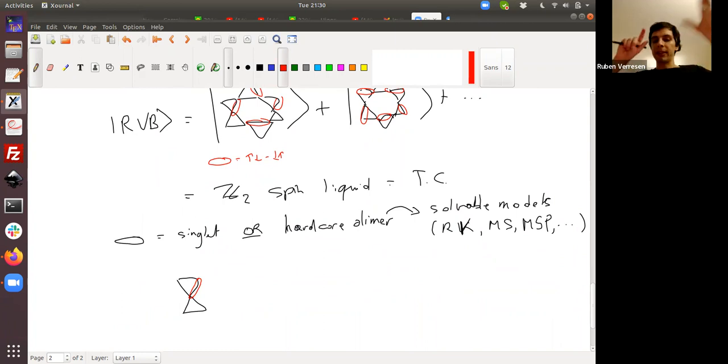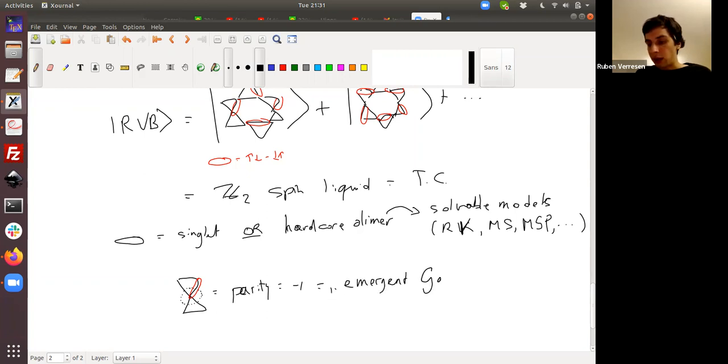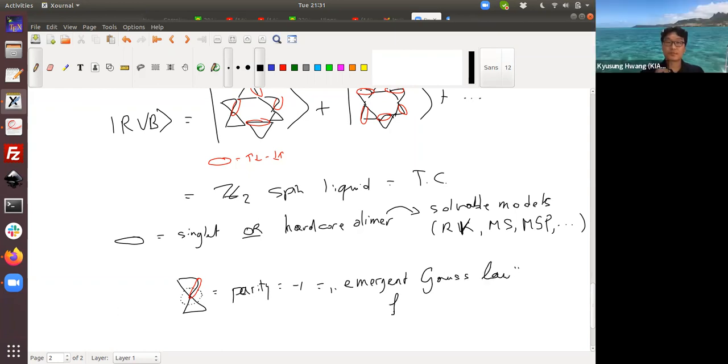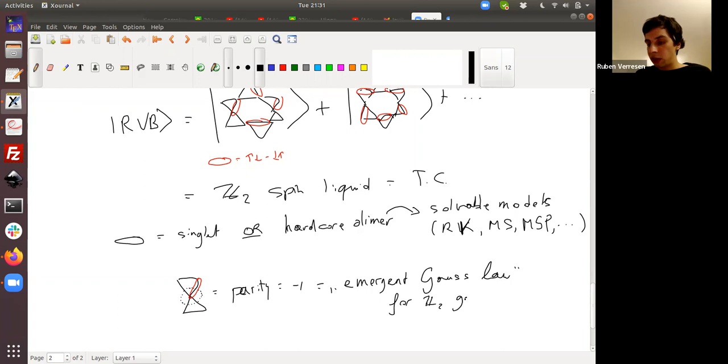If you pair up all spins in singlets, that's what you get, which you can interpret as a Gauss law, because it means that around every vertex, if you calculate the parity of singlets or dimers, it's always minus one. There's always one sticking out, which you can think of as an emergent Gauss law for Z2 gauge theory. So basically, there are two options: either there's a dimer sticking out or there isn't.